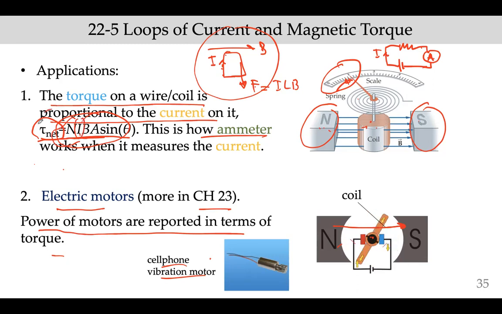More current, more torque. And if there's more torque, even though there's the spring, you can move this needle on the scale, twist it more, and it will show you the amount of current. So these are some applications of torque in these setups.